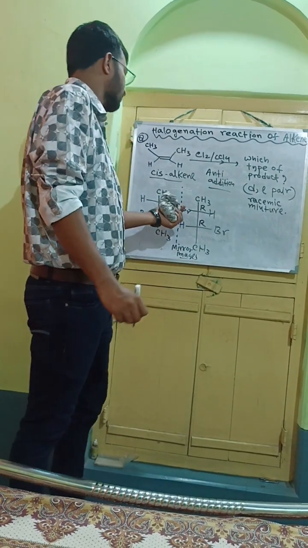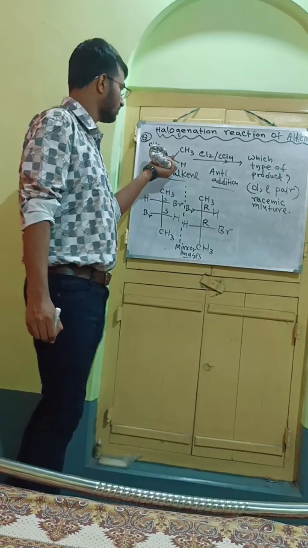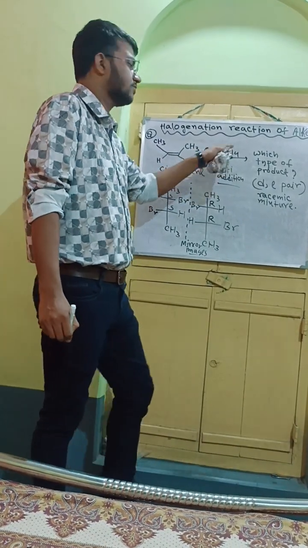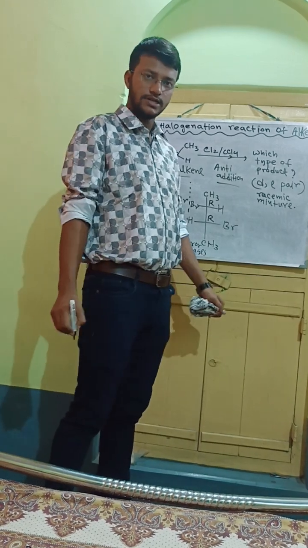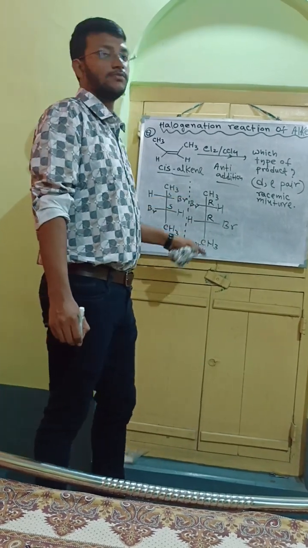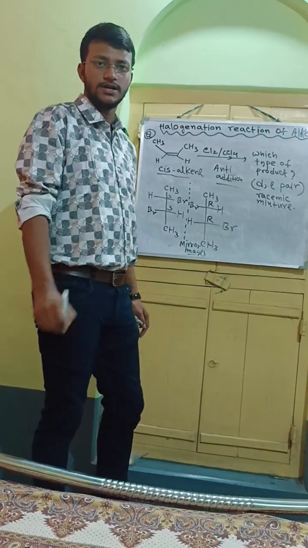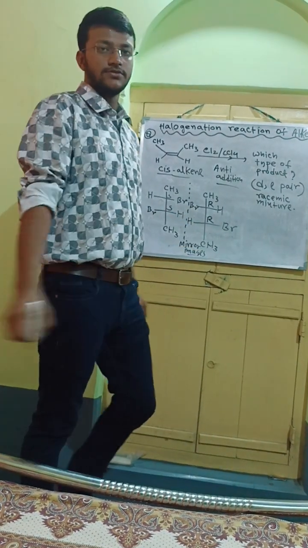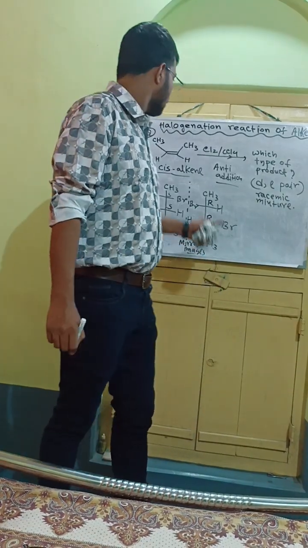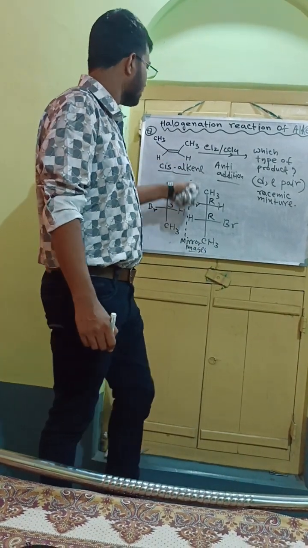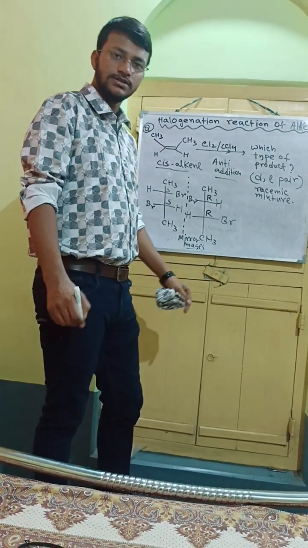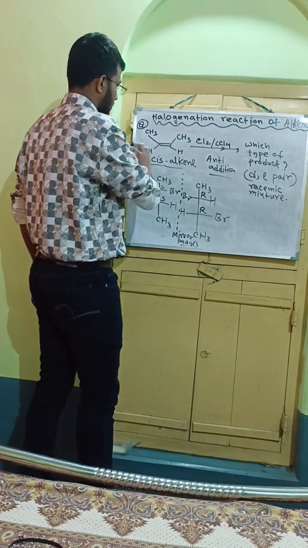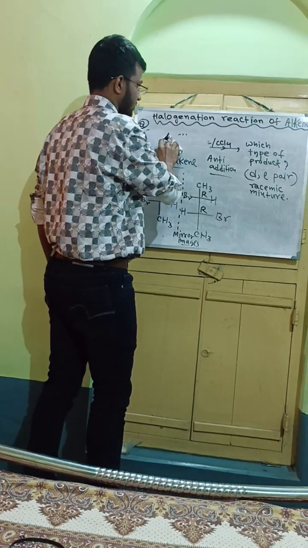Clear? And we can find these two from this, when we are adding Cl2 in medium CCl4. Clear? We can find them from the mechanism we have told earlier. Clear? And another question is coming, that for trans alkene which type of product is there. Clear? So now we will discuss the trans alkene.